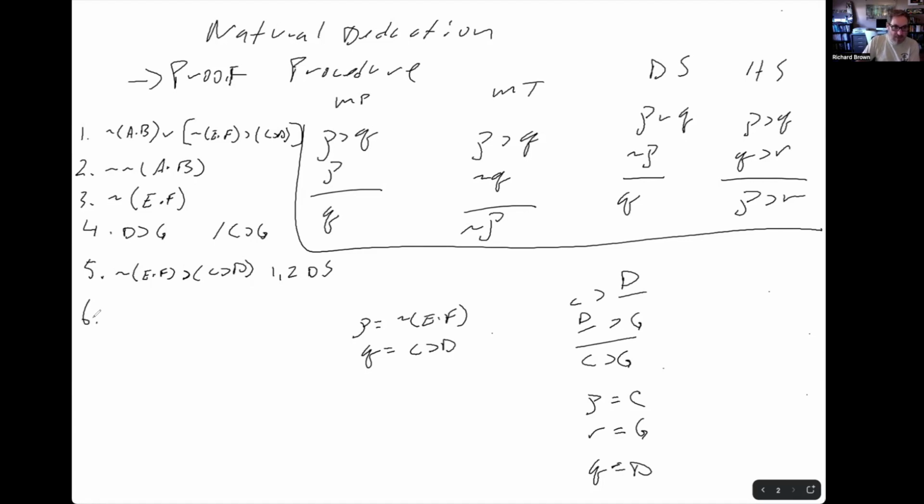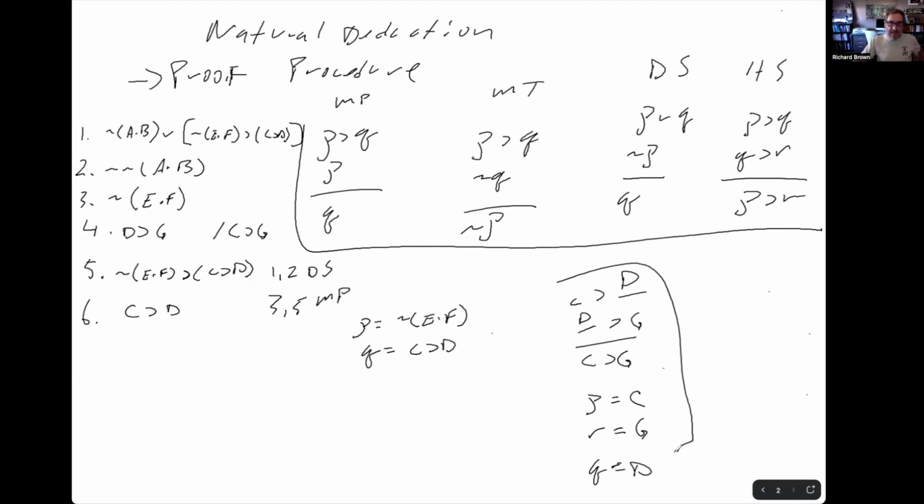So now we can do that because line 3 says tilde parentheses E dot F, which is our P thing. And line 5 says, if you have that, then you have C horseshoe D. So now we can write down that C horseshoes D. Why? Because lines 3 and 5 make modus ponens. Okay. So now we've almost done what we started out to do.